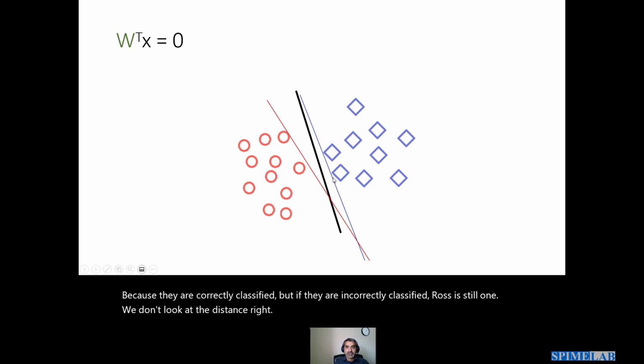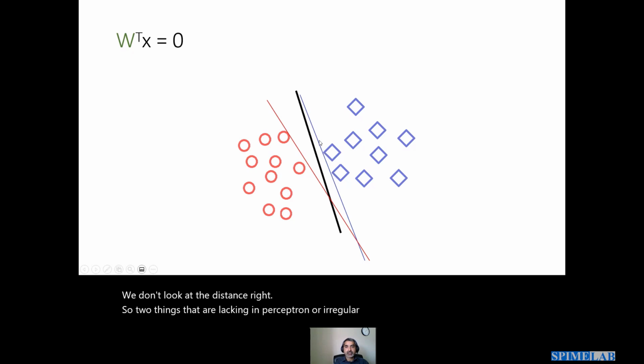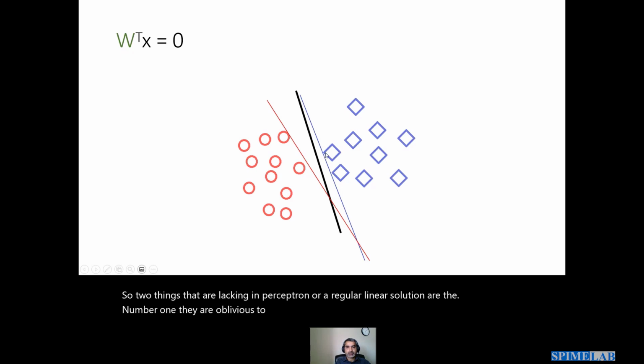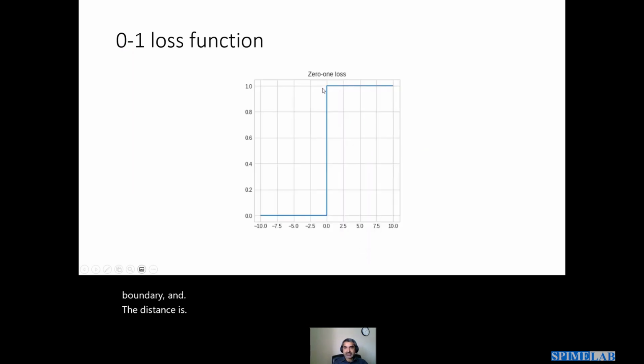So two things that are lacking in perceptron or a regular linear solution: they are oblivious to the closeness of data points that are almost on the boundary, and the loss function is kind of ignorant of the reality of distance from the decision boundary.